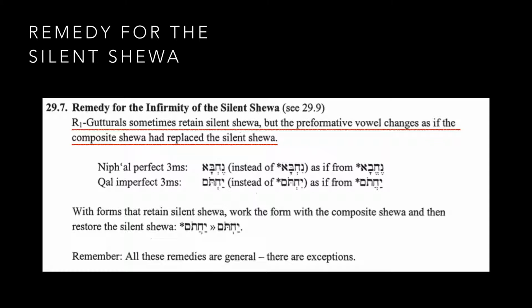Likewise with the Qal imperfect 3ms, typically we would have created it as a strong verb as yichtom, but because of that R1 guttural, typically the het in strong verbs and in O-class verbs would take a hatef patach. We would typically have yachatom, but we don't. If it retains the silent schwa in this case, we get the change in the preformative, but not the change in the R1 guttural, so we're left with Yach tome. So again, keep that in mind.